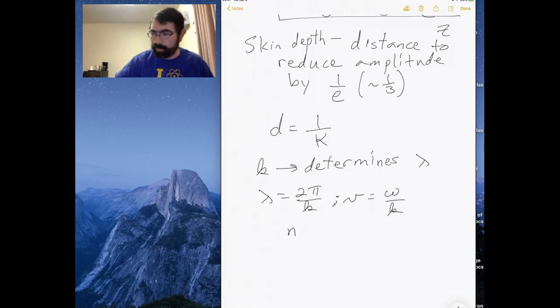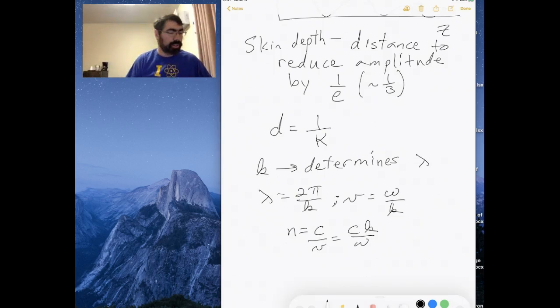And the index of refraction, we said, was c divided by the speed, which is ck over omega.